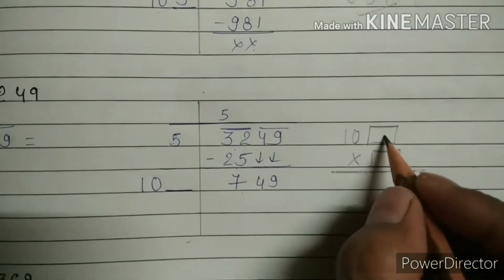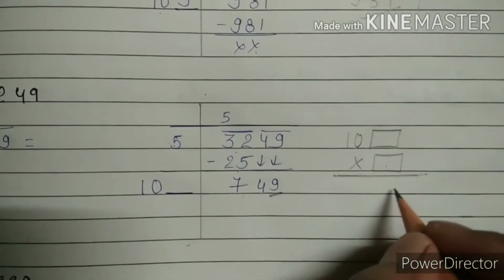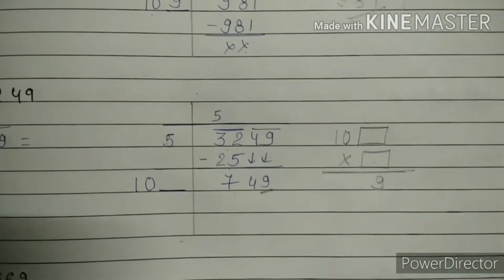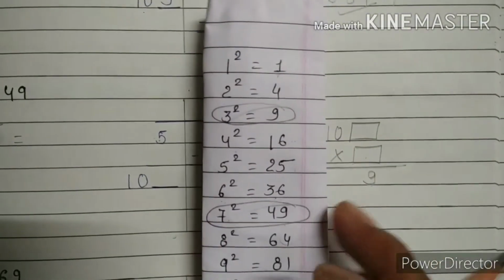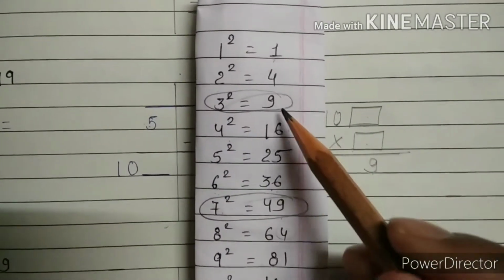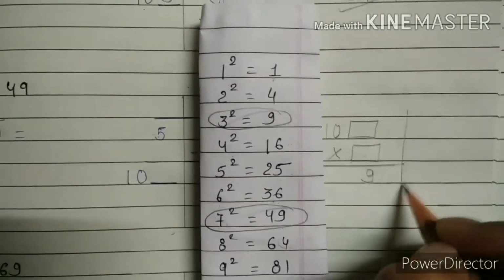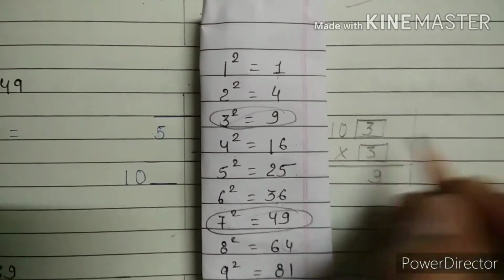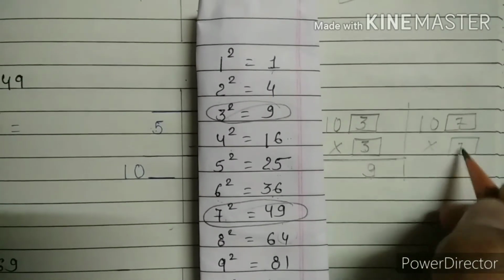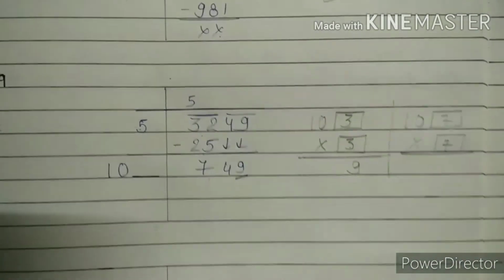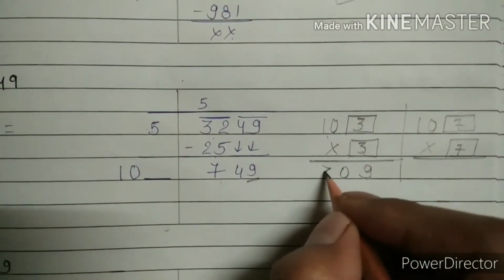after multiplication of that number by itself we want 9 in the ones place. In whose square do we have 9 in the ones place? Only in two cases: 3 squared is 9 and 7 squared is 49. So one time we will put 3 and one time 7. Let's see which is satisfying. 3 threes are 9, 3 zeros are 0, 3 ones are 3.